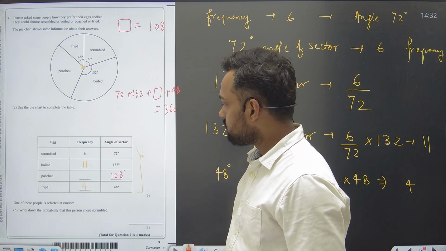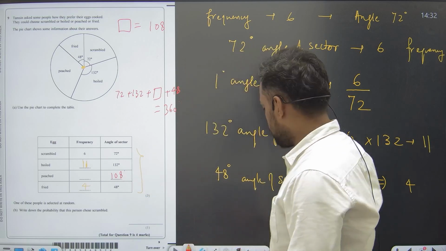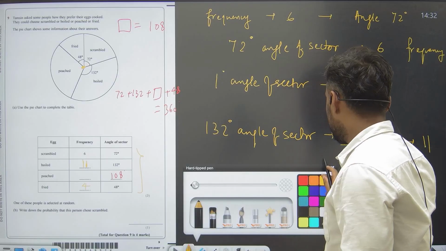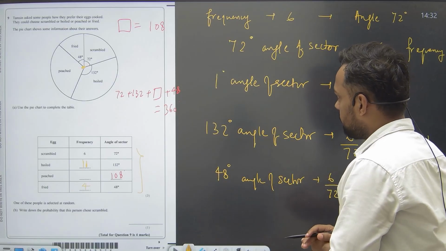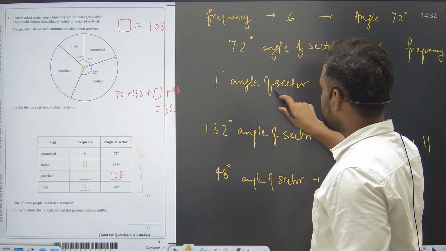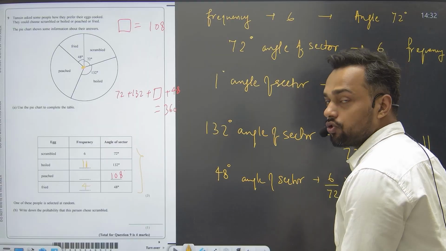Now for the poached eggs, we have got our angle. So a 1 degree angle of a sector was giving 6 by 72 frequency.